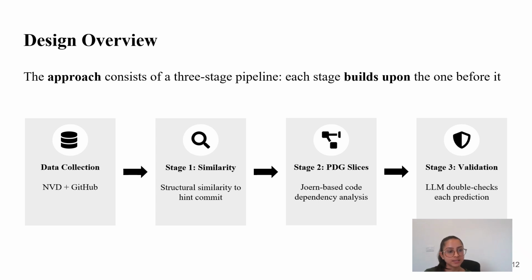Then we add on to that similarity stage with PDG slices using Joern, and this stage adds that code dependency analysis aspect into the LLM's reasoning. And then finally, we move on to stage 3, where an LLM will double check each prediction made in stage 2 to see if it's valid or not.